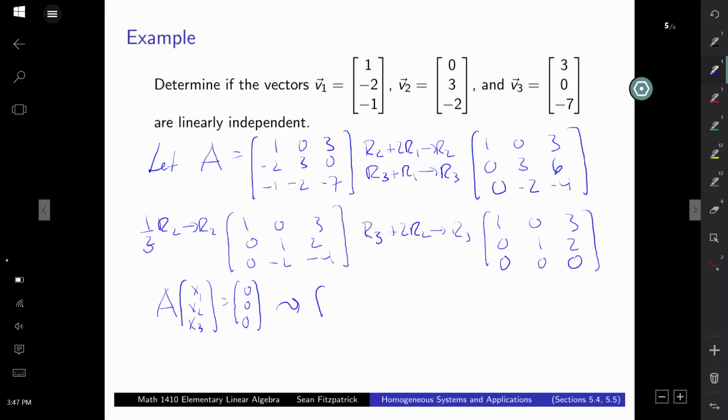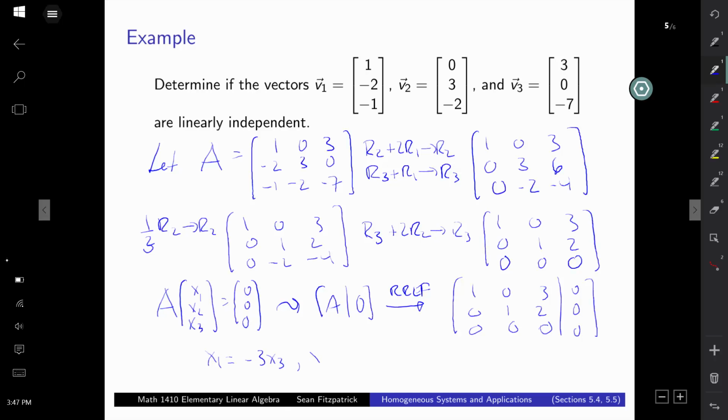So we would go to the augmented matrix, A with a 0, and we reduce it down to the reduced row echelon form, and it looks like 1, 0, 3, 0, 1, 2, 0, 0, 0, so put that column of zeros back in that we didn't bother to write. What does it tell me? It tells me that x1 could be -3 x3, x2 could be -2 x3, and x3 is free to be anything.